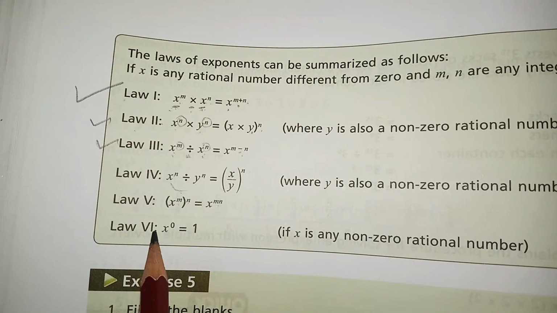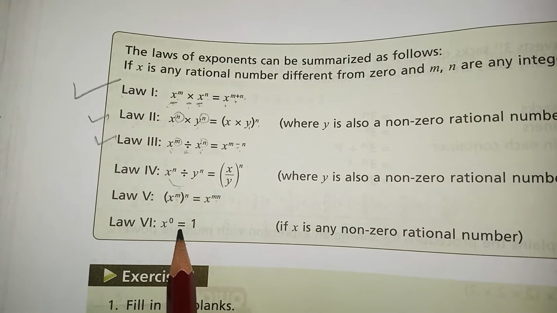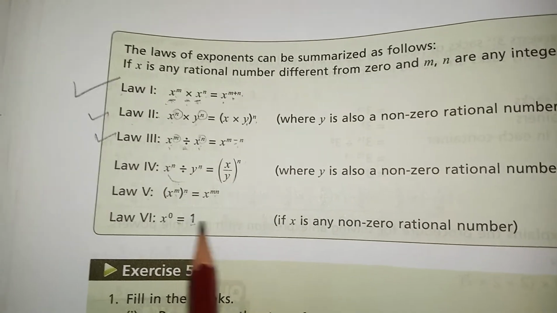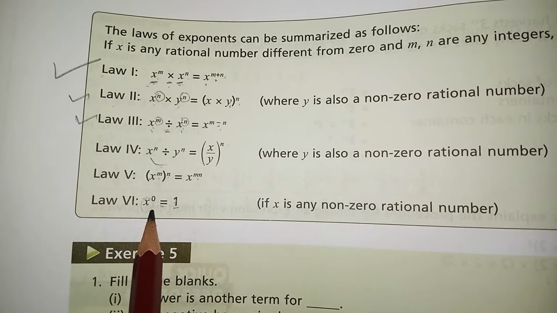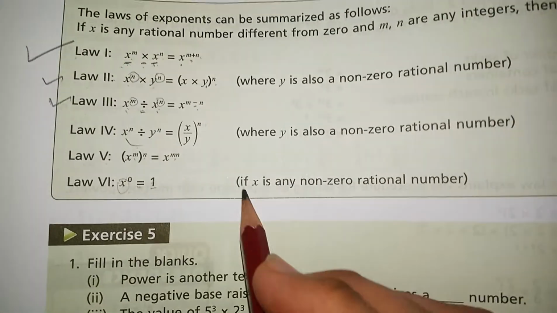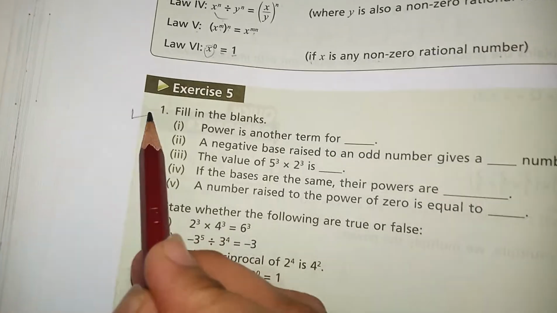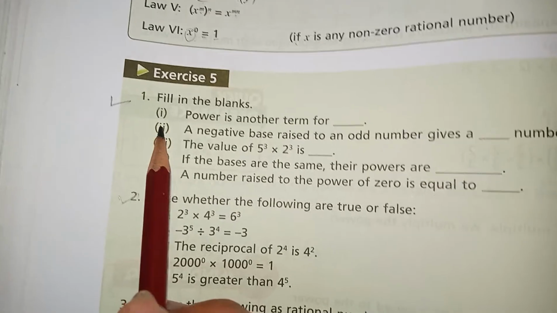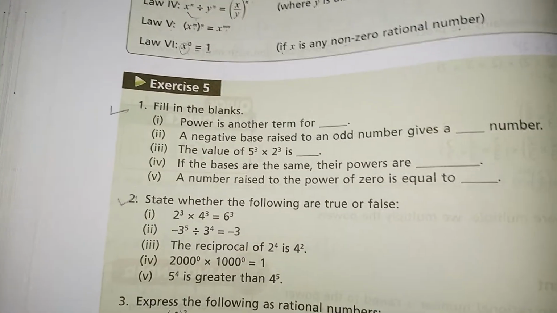And law number 6 is that something raised to power 0 is equal to 1, but x should be non-zero, that is, any non-zero rational number. Questions number 1 and 2 are for your self-assessment, and you can do them at the end of the exercise after practicing the other questions.